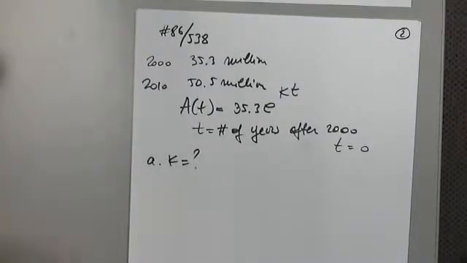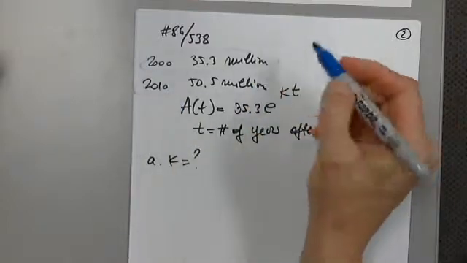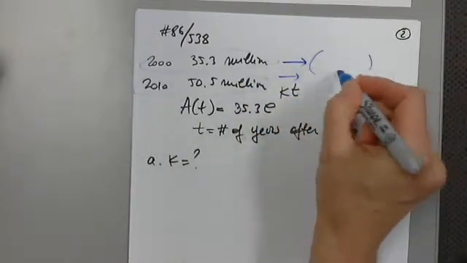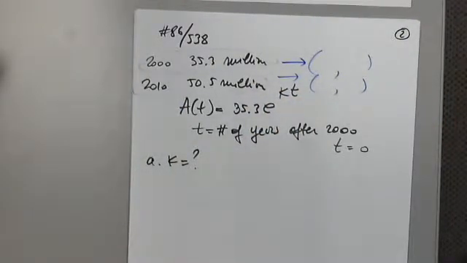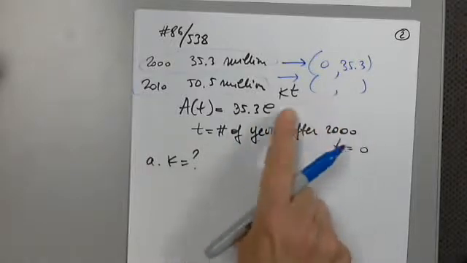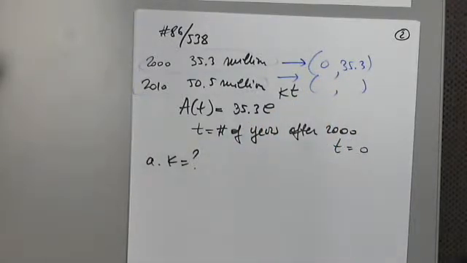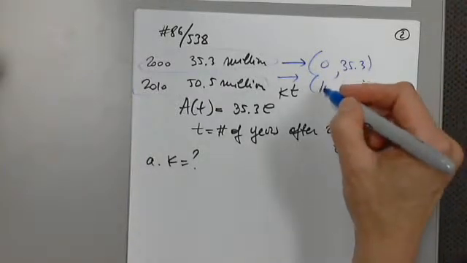Like we looked at a similar problem last time, we said that this is an ordered pair and this is an ordered pair. Can anyone give us those two ordered pairs? And then we'll know what to do next. 0 and 35.3. Very good. Which is already taken care of because they replaced A0 by 35.3. And the other ordered pair? 10 and 50.5.